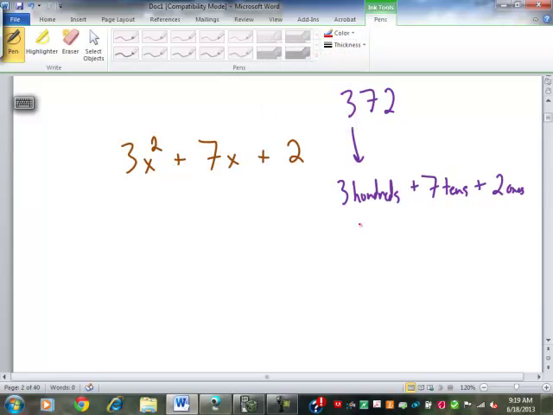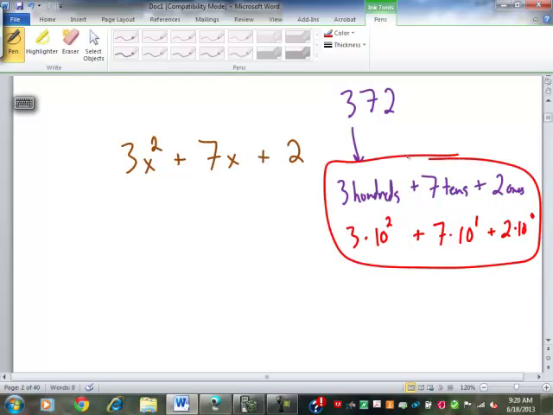We could have shortened that up and said this is 3 times 10 to the power of 2, because hundreds are 10 to the 2, plus 7 times 10 to the 1 is the tens place, plus 2 times 10 to the 0 for the ones place. This here is our expanded form of that number, 372.